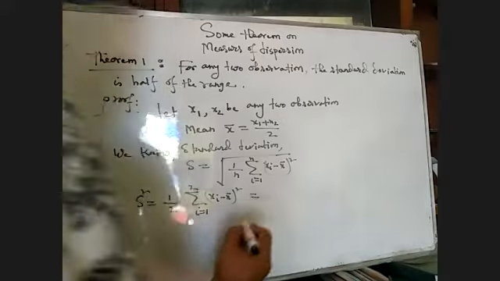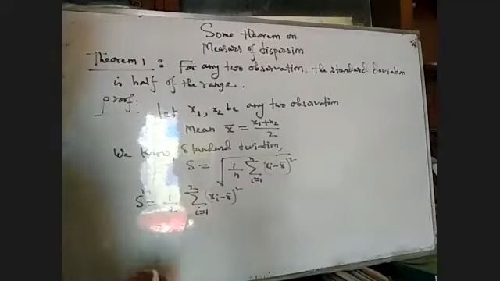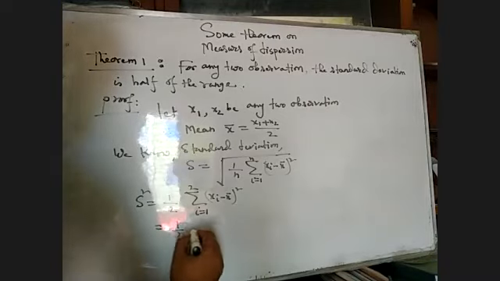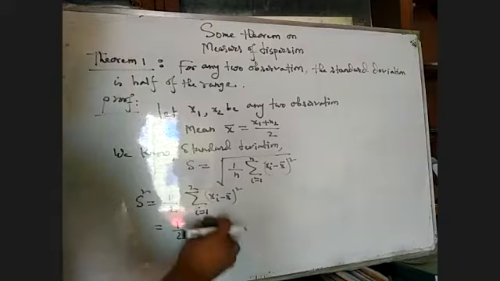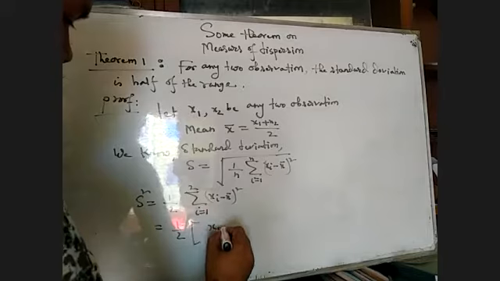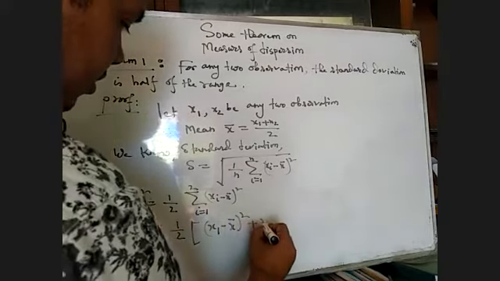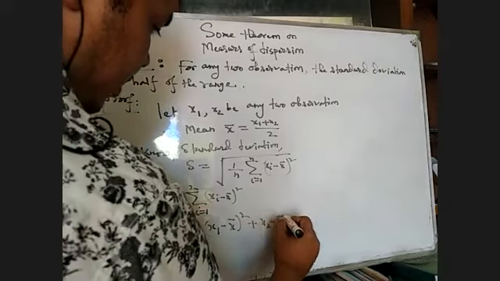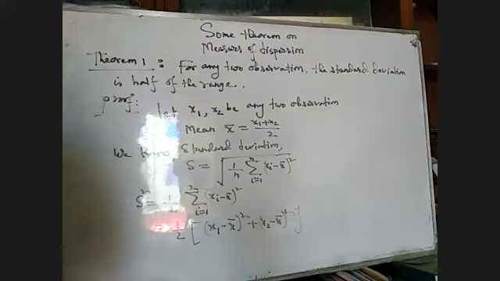This equals to half, no need to take summation, x1 minus x bar whole square plus x2 minus x bar whole square.